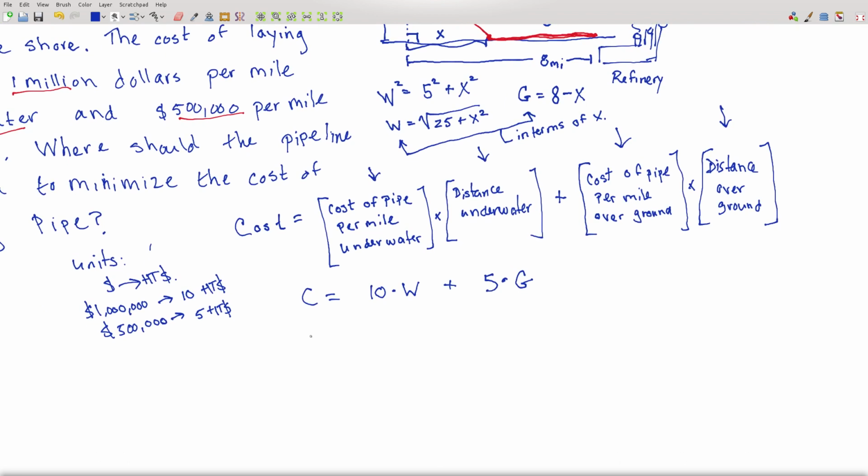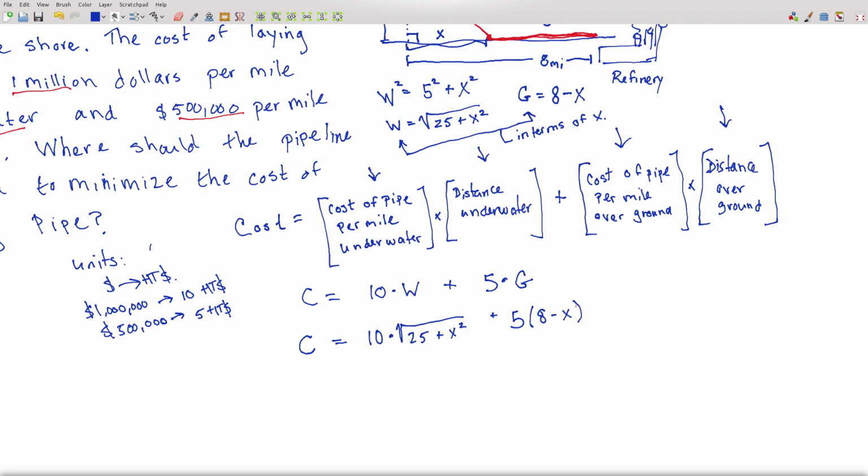So the cost is 10 times w, but what is w in terms of x? W in terms of x is the square root of 25 plus x squared. That's w. And now it's plus 5 times g. Oh, but g is 8 minus x.